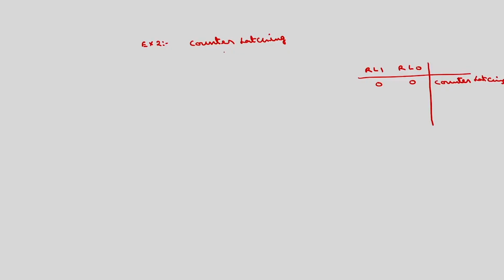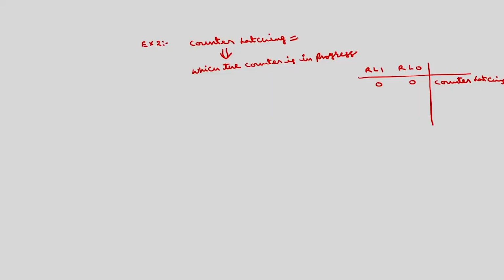Means what this counter latching is: while the counter is counting, while the count is in progress, I want to read what the count value is in between, before it reaches 0. After some time delay, I want to read what are the contents of the counter. So that is also possible. That particular operation is called counter latching.